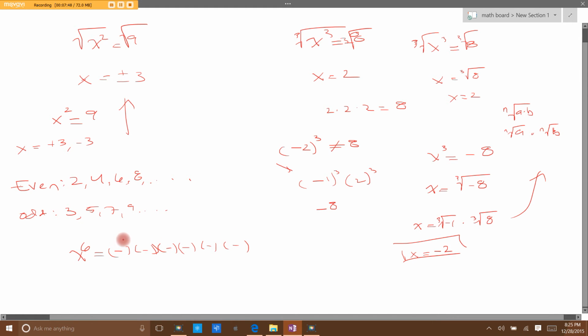We're going to get two negatives equal to positive, the same, right? So you result with a positive number. Any even degree stands for this.